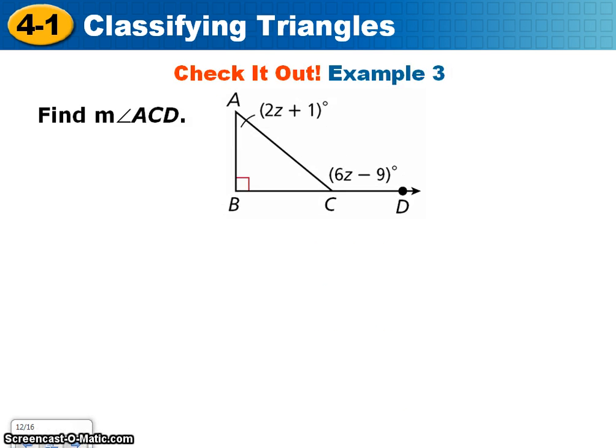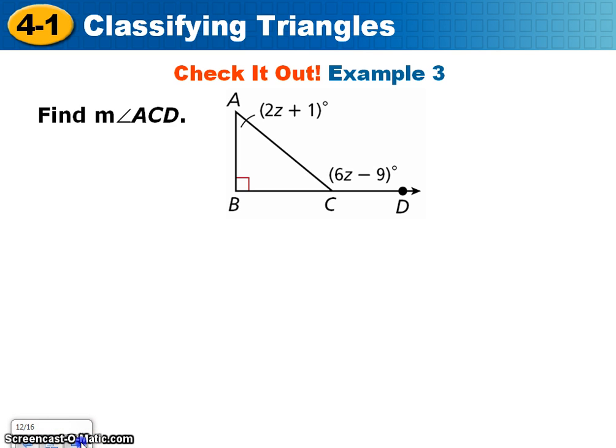Here's another application of the exterior angle theorem. We have a right triangle ABC and an exterior angle, angle ACD. The measure of angle ACD is equal to the measures of angles A and B added together.